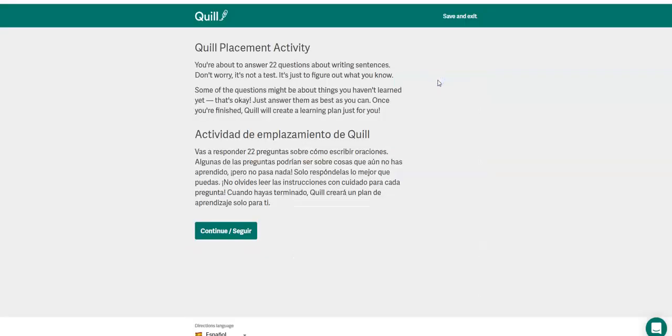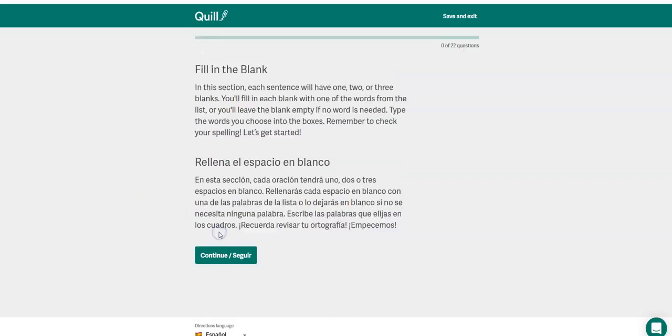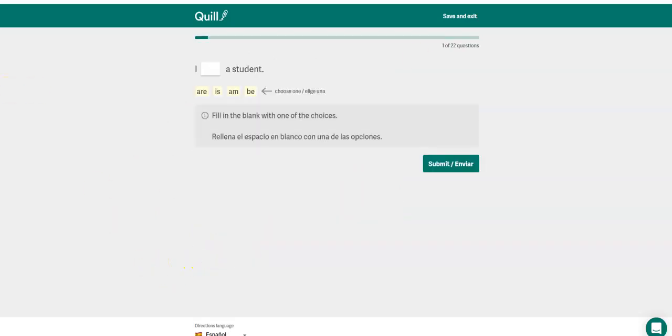Their starter has 22 questions to start with, and it also has the instructions here in another language. Okay, so once again, this is fill in the blank. And if you notice, I want you to look at the first question here.